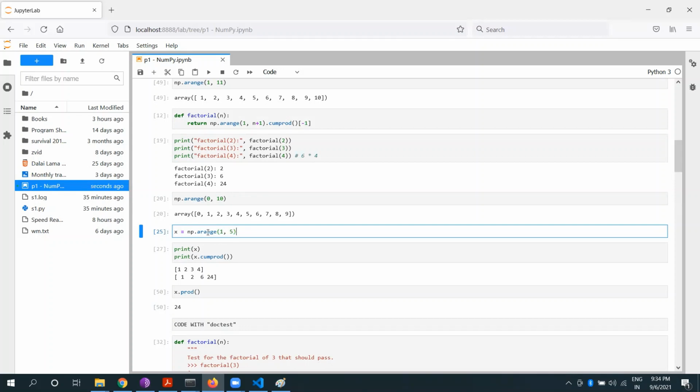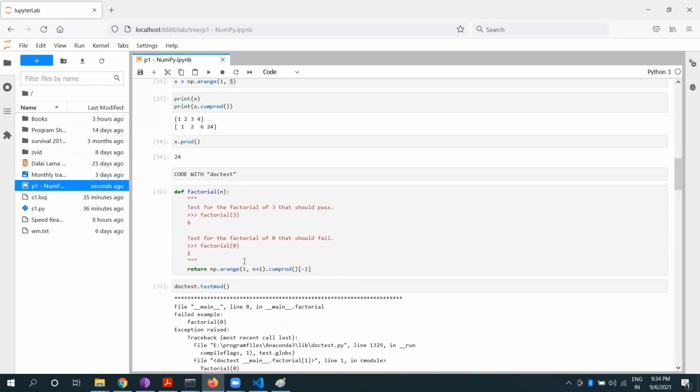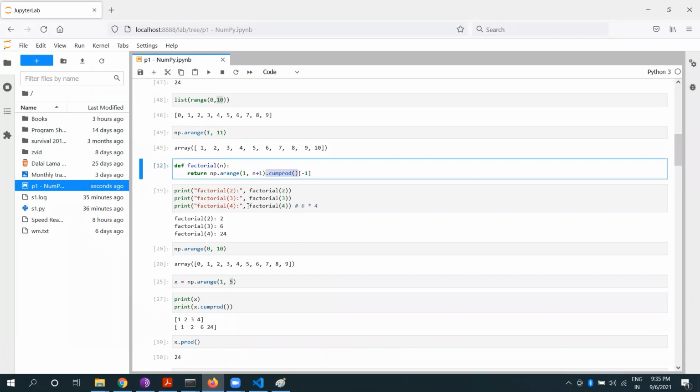then we would initialize a list of n plus 1, because we also want the last number in it. And then once we have the list, we get the cumulative product and we get the last element. In this way, we have written a factorial function.